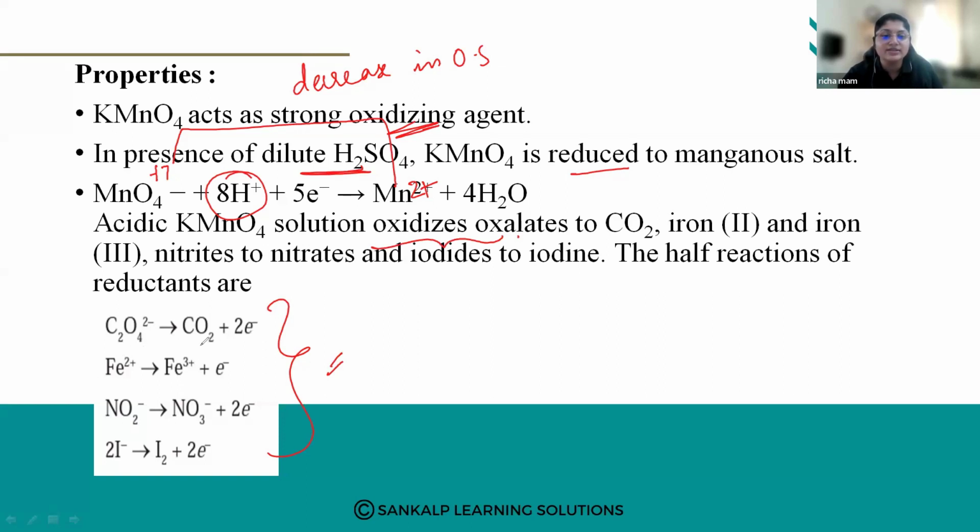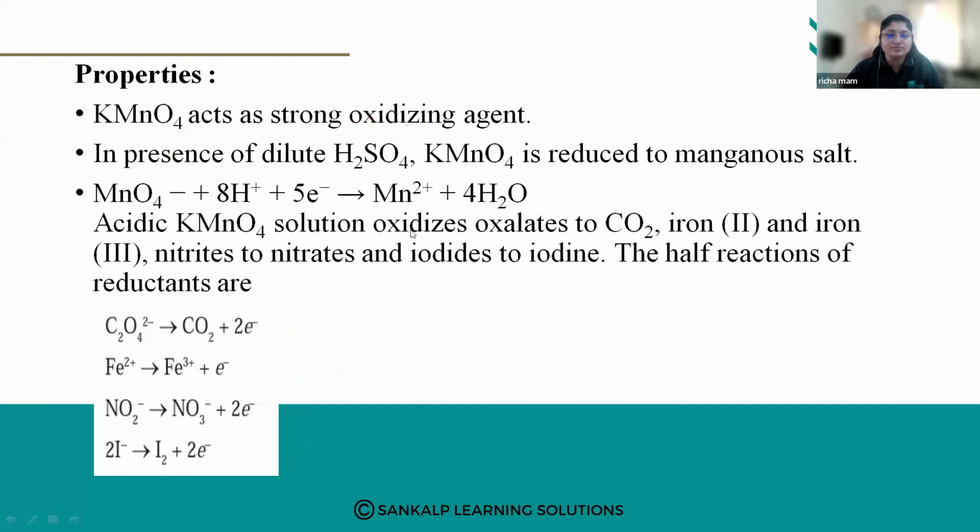Oxalate ion is oxidized to carbon dioxide, Fe2+ to Fe3+, NO2 minus, that is nitrite, to nitrate ion, then iodide to iodine. So these are the different properties of your KMnO4. Is it clear up to here? Okay, is it clear?